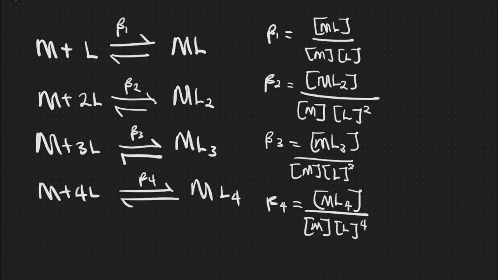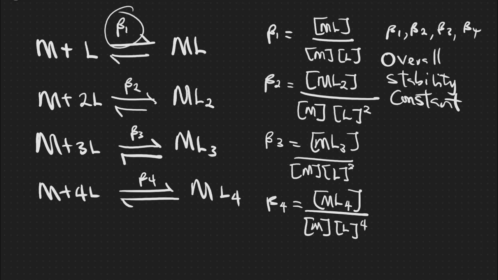Four. So beta 1, beta 2, beta 3, and beta 4 are called the overall stability constants.